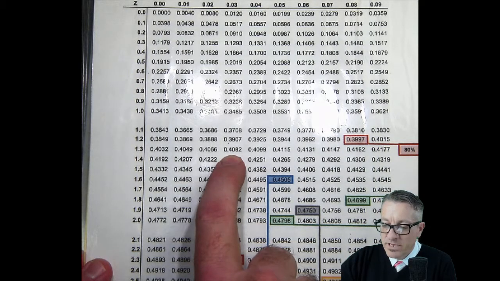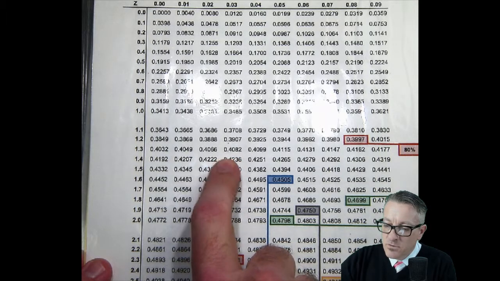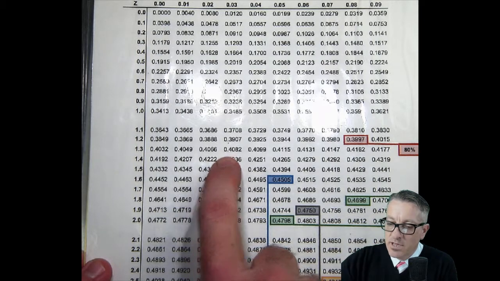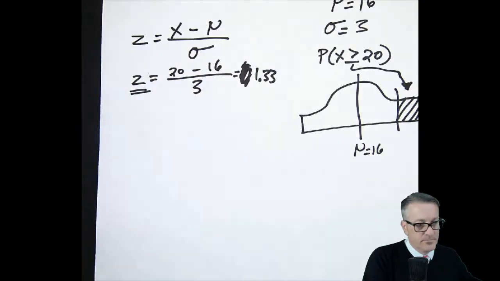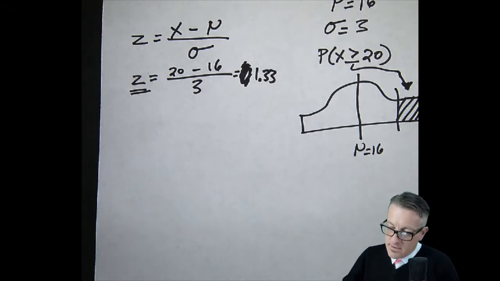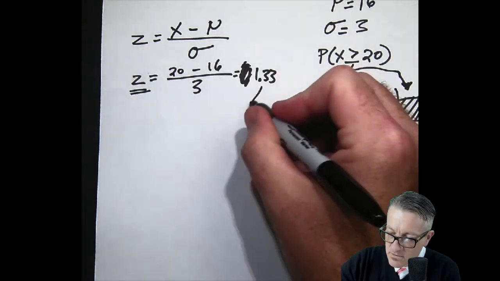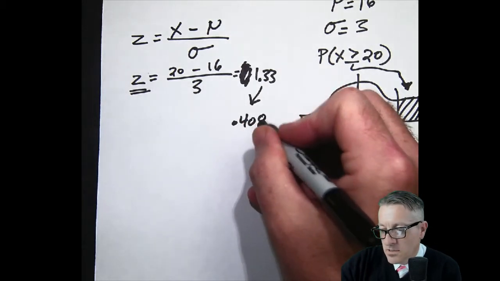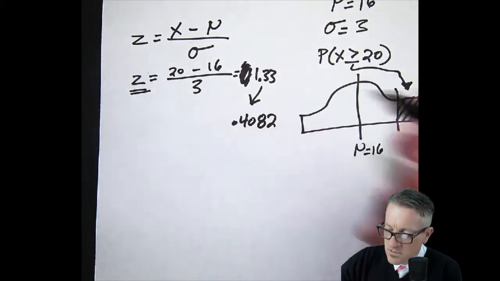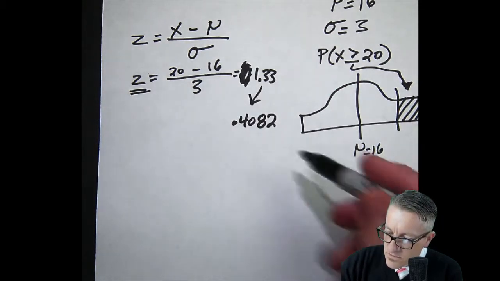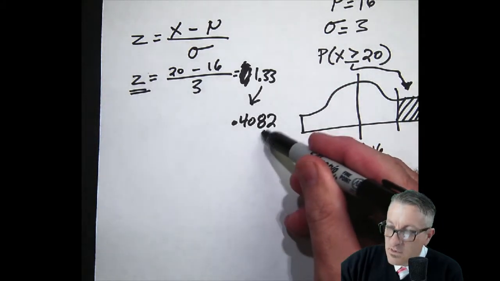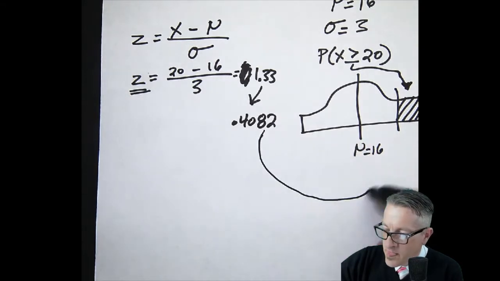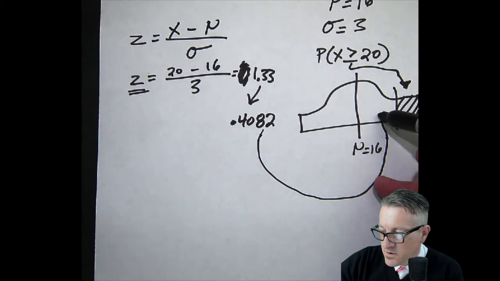So this whole table only adds up to 0.5 for a total. So our probability of that one side is 0.4082. So we go back, and this value turns into 0.4082, yes. And that 0.4082 is the value of this right here.